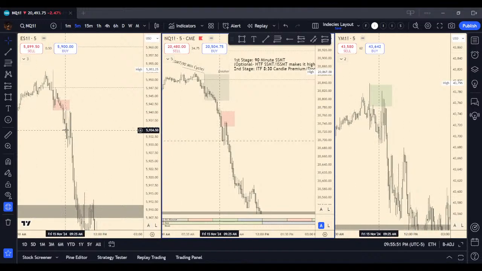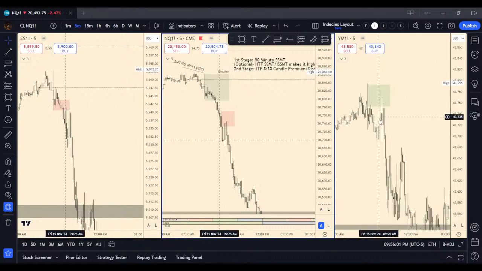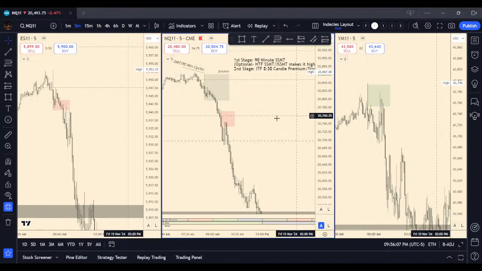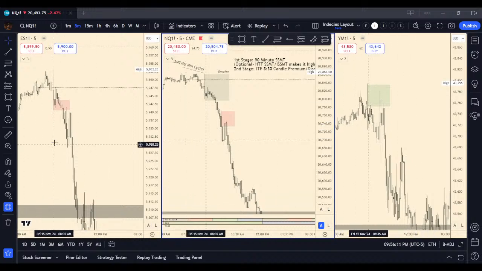So once price creates a market structure shift to the upside here, well, it didn't here, and then price takes its liquidity, and then it doesn't. Okay, so yeah, this was third stage. Even looking at these lows, you have a lower low, higher low, higher low.